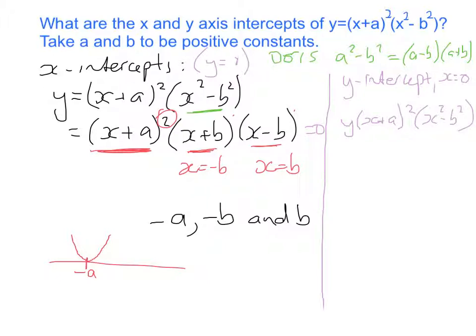If we substitute x, then y will equal 0 plus a, which is just a squared, and 0 take away b squared is going to be negative b squared. So that will be negative a squared b squared. Okay, that's the answer to that.